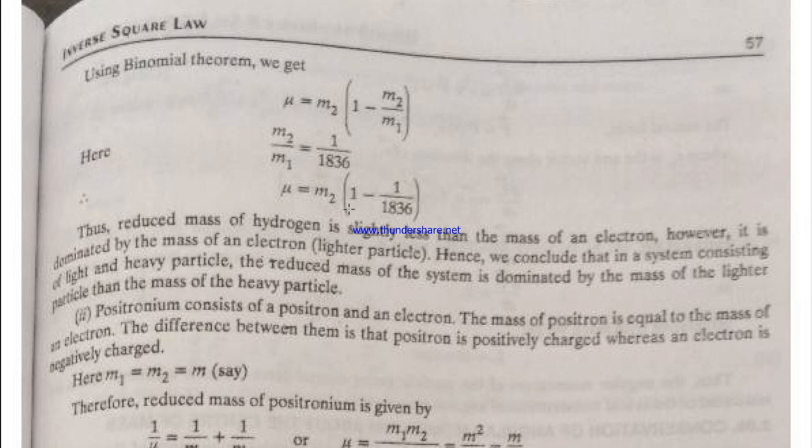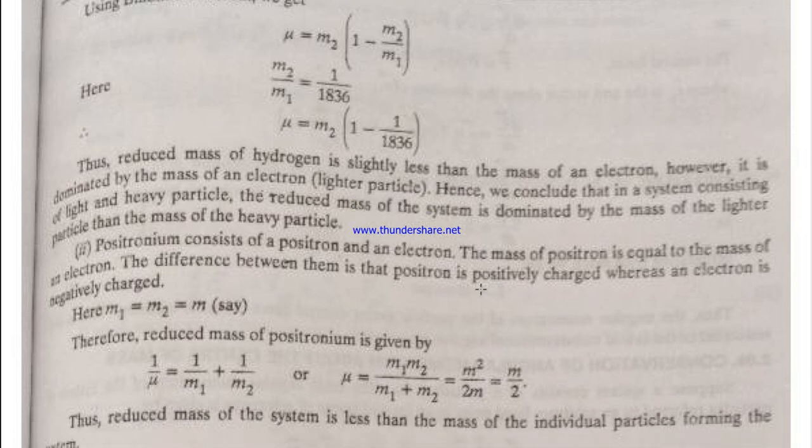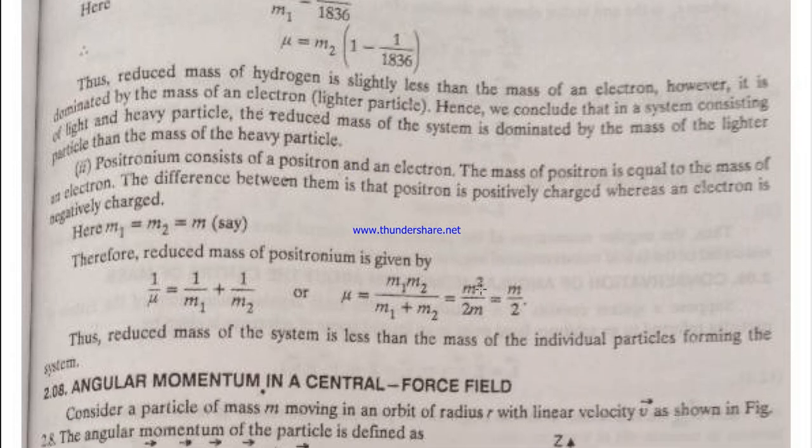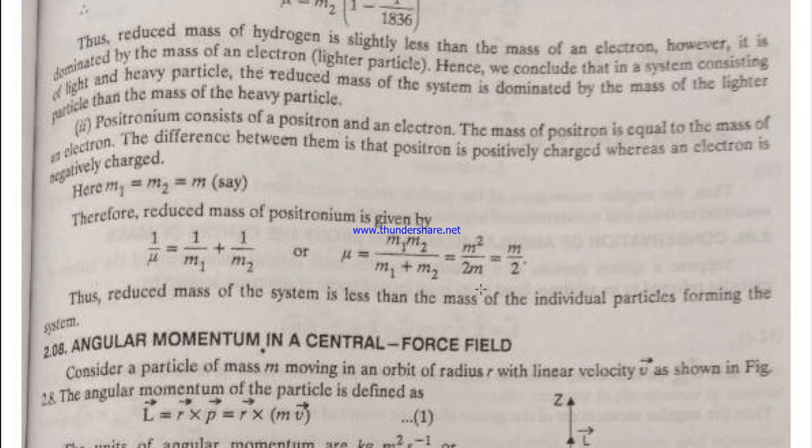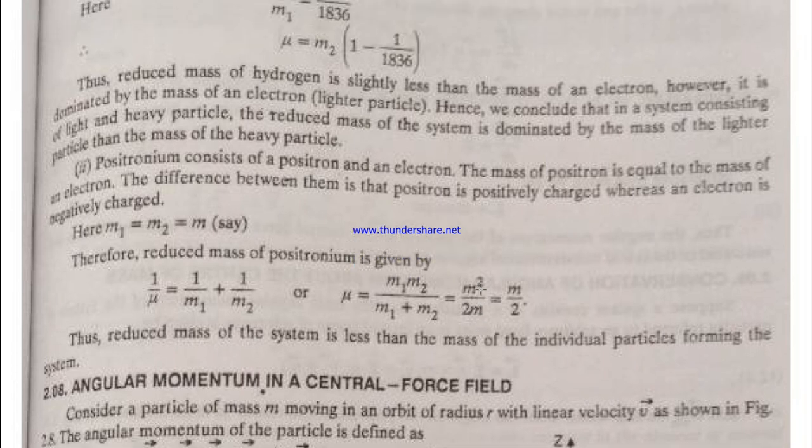So in general, if we have a two-body system in which one particle is very light compared to the other, then the reduced mass will be close to the mass of the lighter particle. Similarly, we can apply it to the case when the two particles have equal masses. Then the reduced mass is equal to half of the mass of one of the particles.